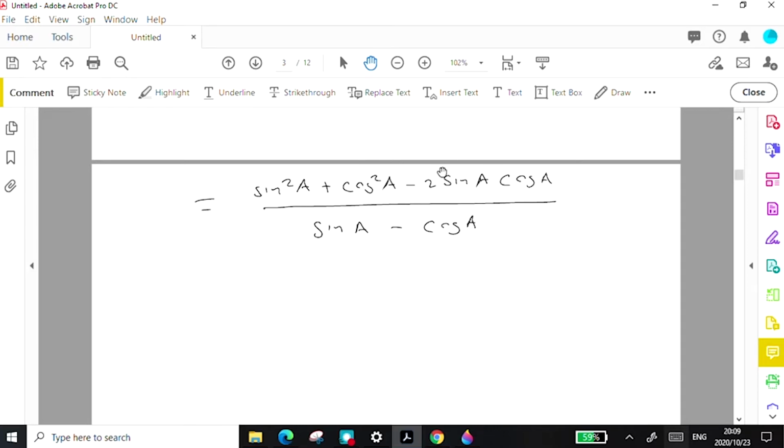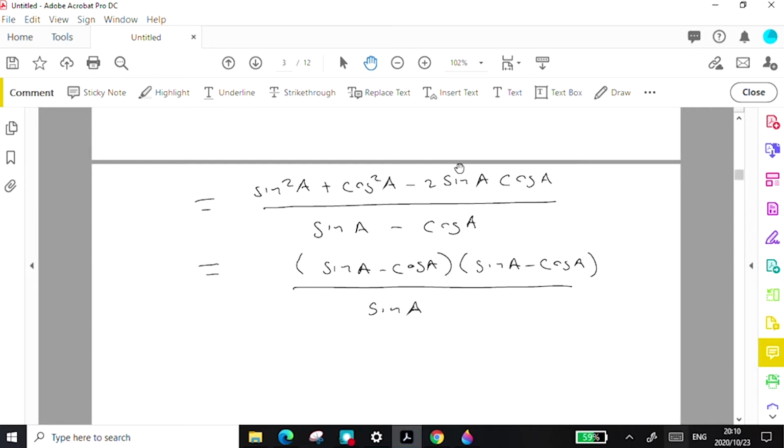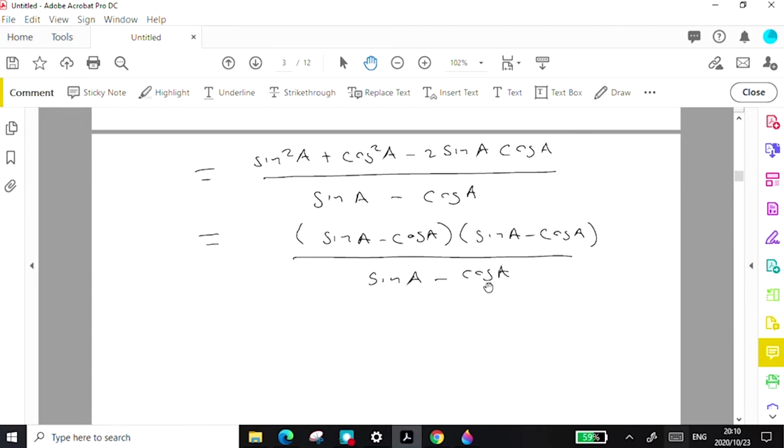And we can factorize the numerator to get (sine a minus cos a) multiplied by (sine a minus cos a), divided by sine a minus cos a. And these two terms will cancel out.